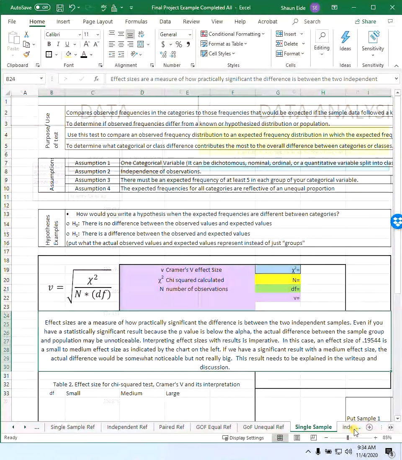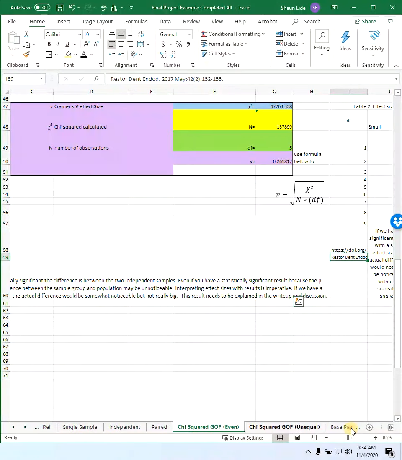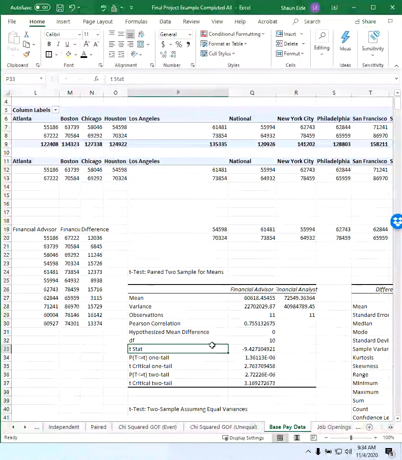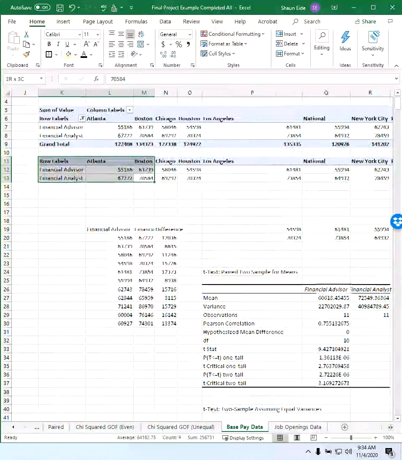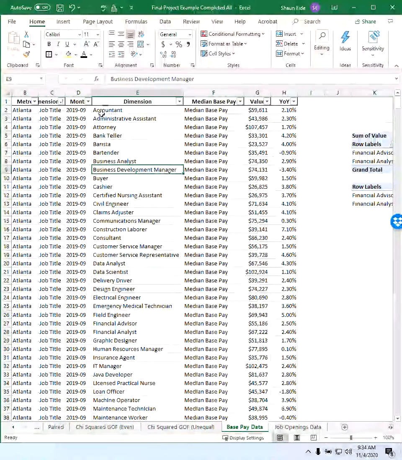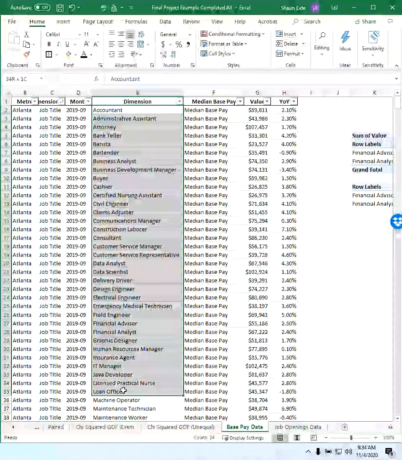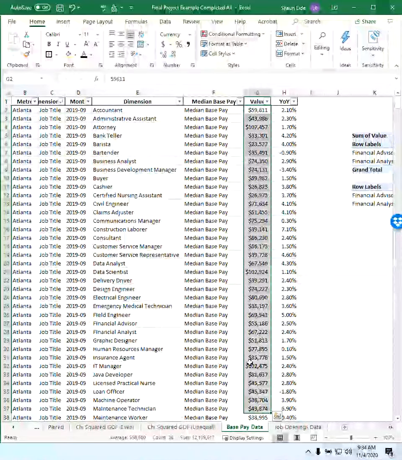Now, if you go for this particular data set, if you go all the way down to base pay data, these are all the different types of jobs, and these are the average salaries for individuals in those jobs.